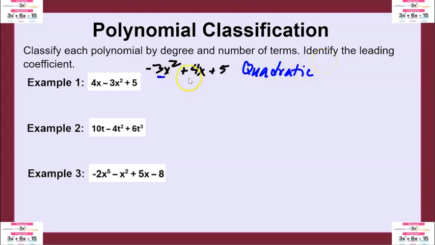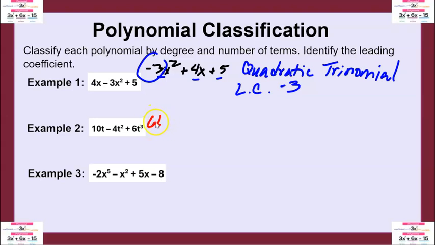And I have 3 terms here, so that'd be a quadratic trinomial. And then the leading coefficient, the coefficient in front of it all, would be a negative 3. Example 2. If I put this one in order, this would be 6t to the third minus 4t squared plus 10t.